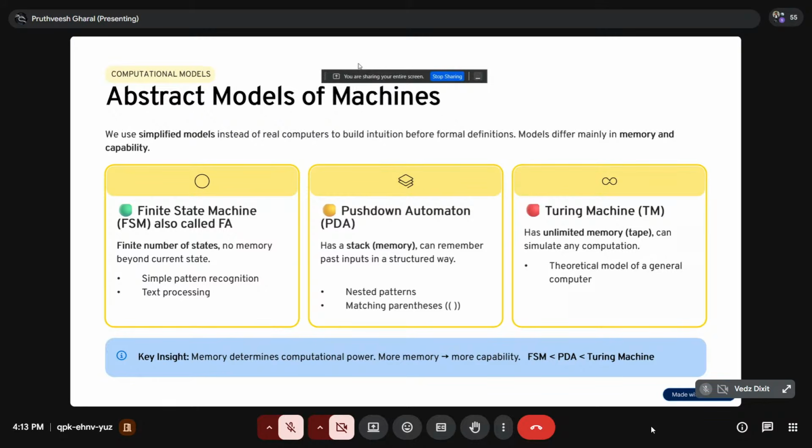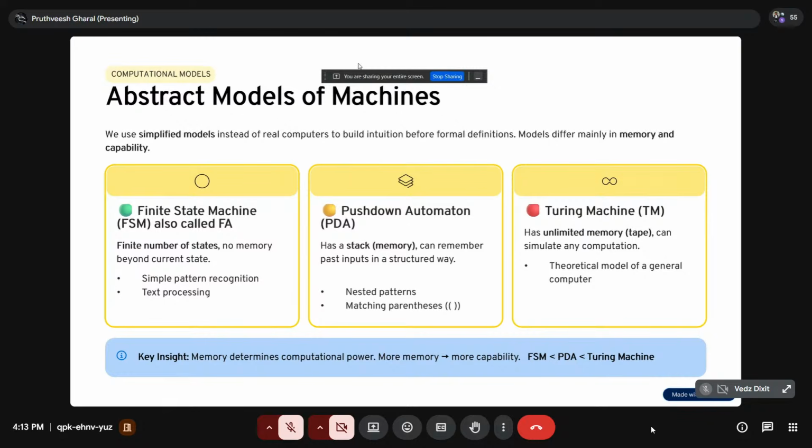It is also called a finite automaton. Let's take an example of a traffic light. If we think in the perspective of a traffic light, how much memory does it have? It does not have much memory. It has a very limited amount of memory. Okay, it only knows which state it is in currently.